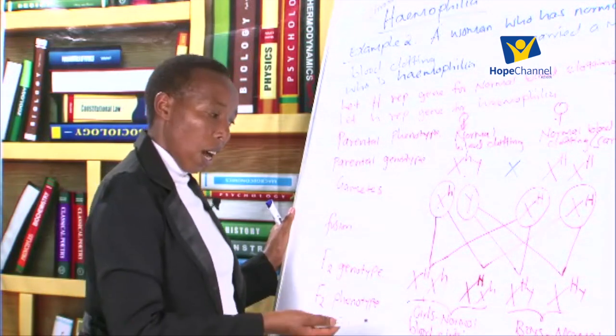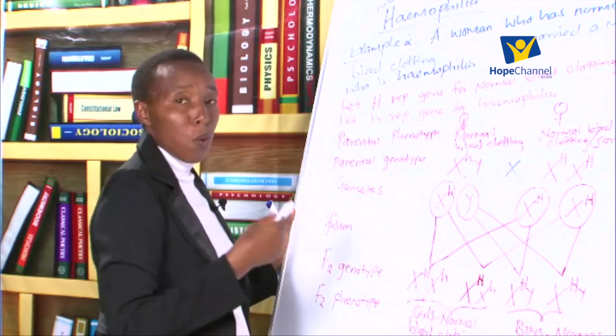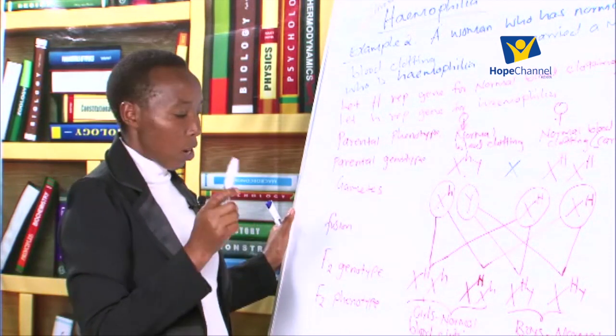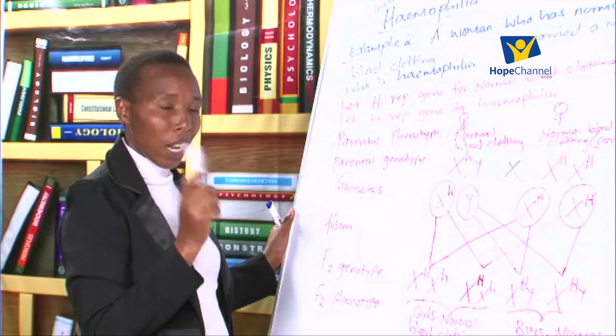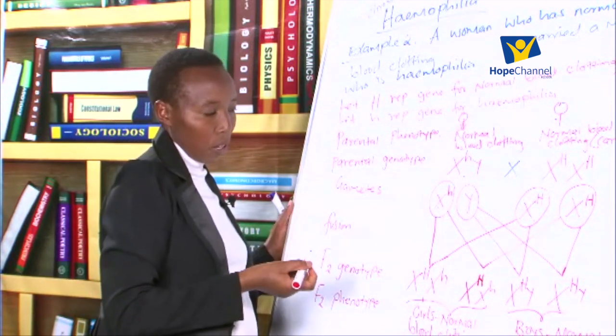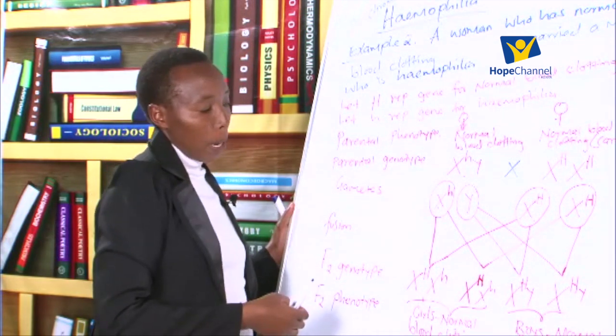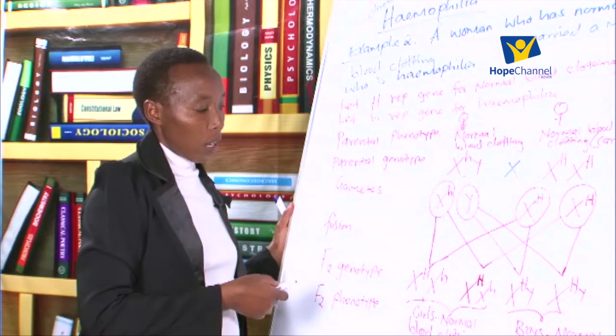Although the girls who are getting the X from the father will be heterozygous normal blood clotting, meaning they'll still be carrying the recessive gene for hemophilia. So what is the percentage that the children will be having a normal blood clotting? It is 100%.